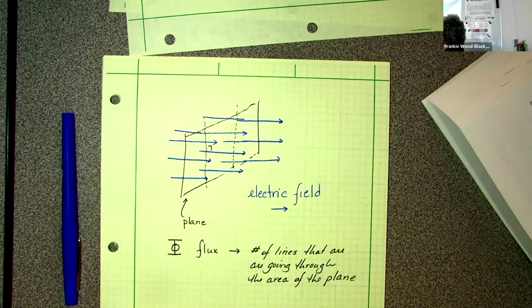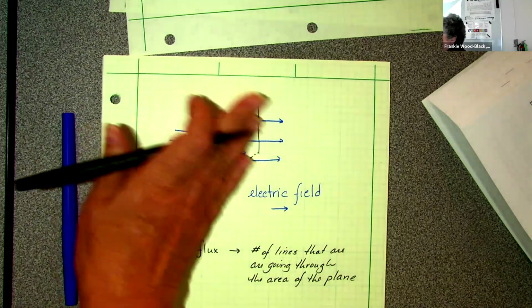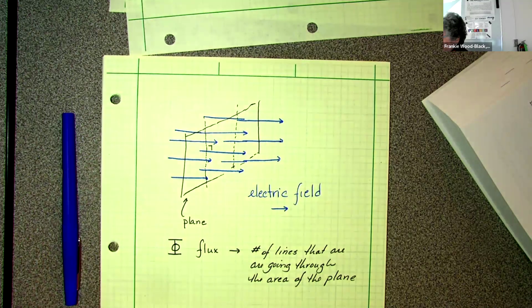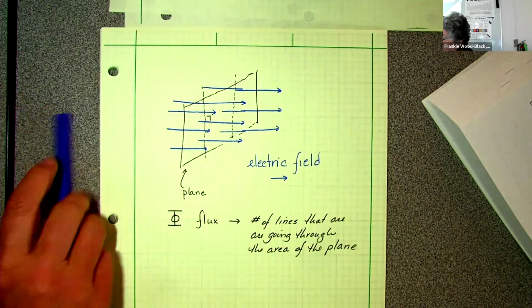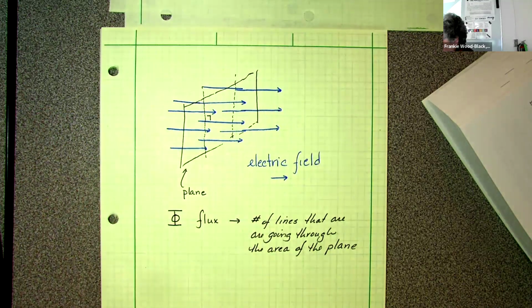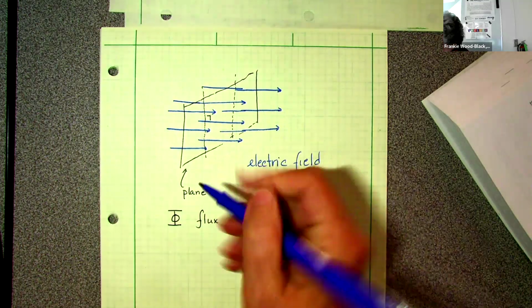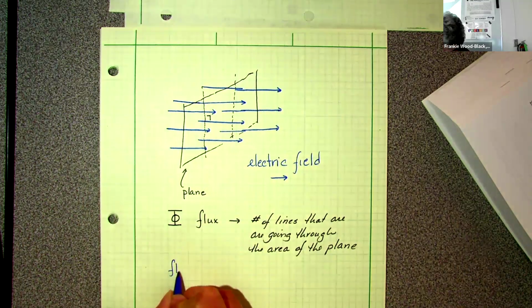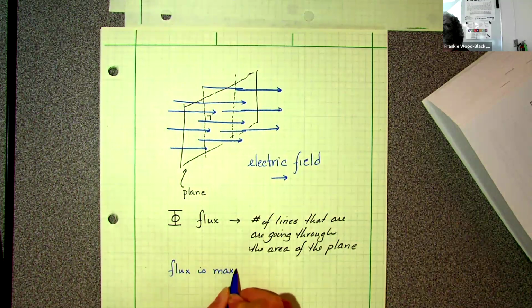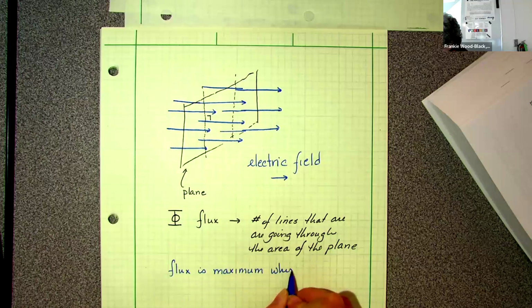Now, one of the things we know is we can move this plane anywhere, right? And if I have it perpendicular, we're going to make the observation that the flux is going to be maximum when the plane is perpendicular to the field lines.